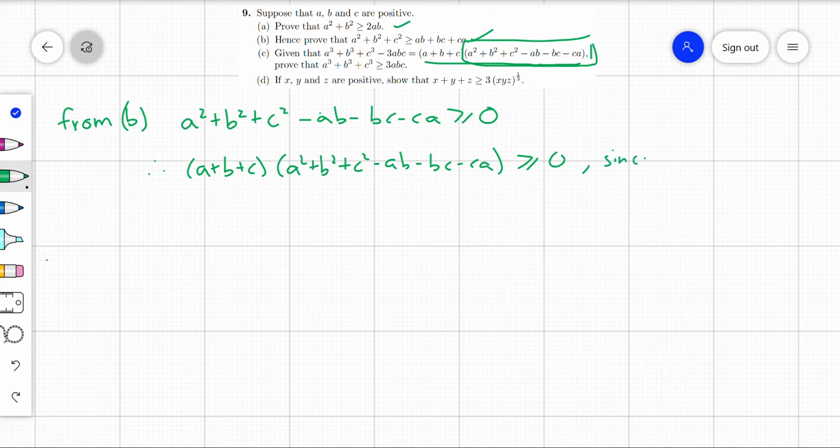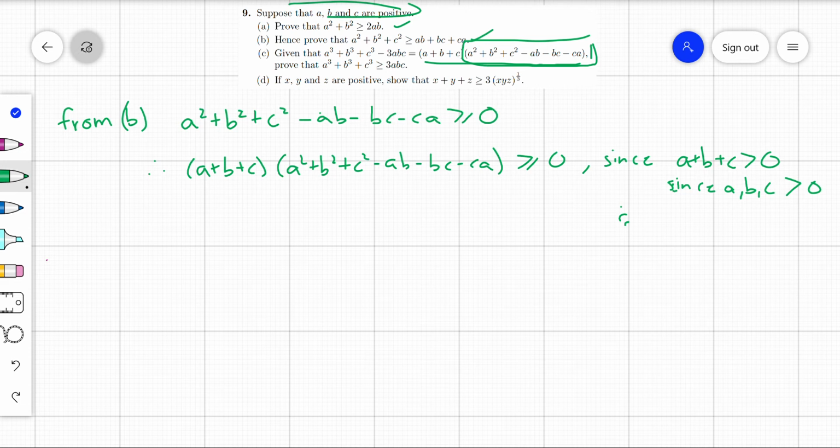since, how do we know that a plus b plus c is positive? Oh, here we go. a, b and c are all positive. So we've got a, b and c. Oops, I've written a. Since a, b and c are all positive, what I really could say is it's the product of two positive terms.